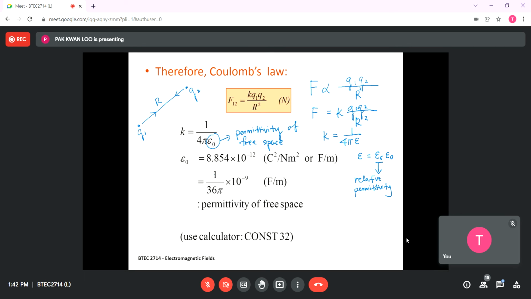There's a very small error, so the approximation with 1 over 36 pi is good enough. Unless you remember what constant 32 refers to, I will just remember this value, 1 over 36 pi times 10 to the power of negative 9. That is referring to the permittivity of free space.